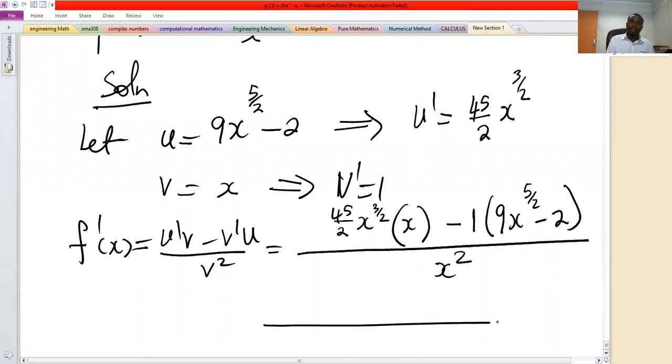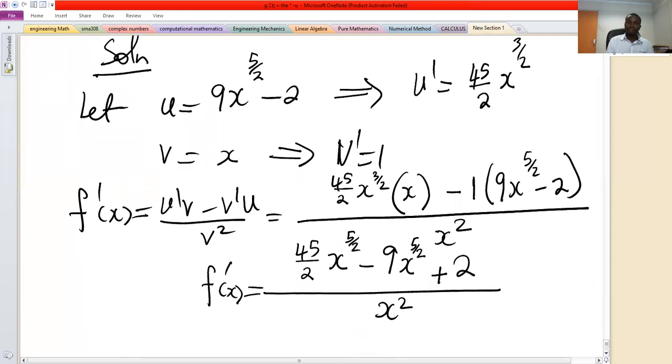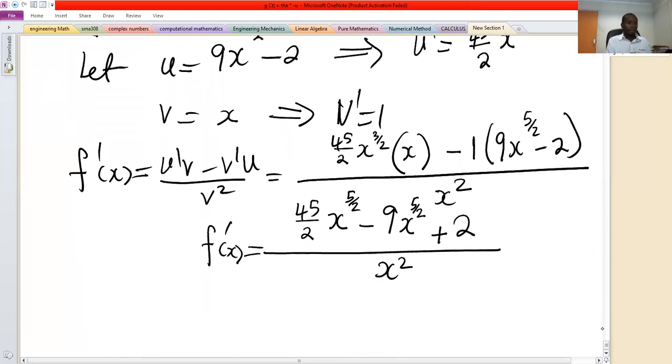Now we'll have 45/2 x raised to the power, 1 plus 3/2 will be 5/2, minus 9x to the power 5/2 plus 2, and then over x squared. So this is the derivative of f. Now 45/2 minus 9 is 27/2.